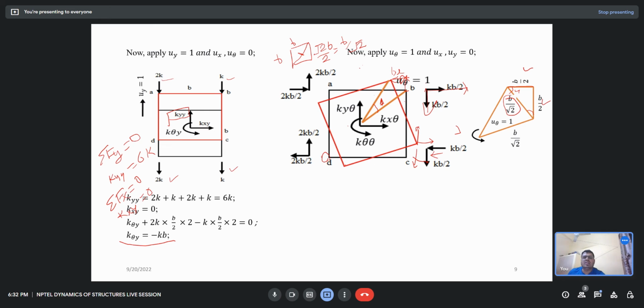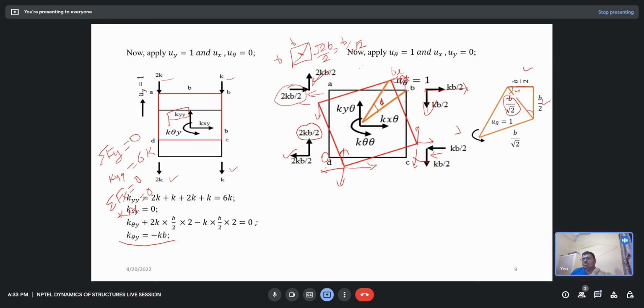Same for this corner, this corner is moving in this direction, so the force would be in the opposite direction, which is going downward, so my force would develop in the upward direction, that is this one. Same for this, this corner is going downward, so my force develops this way, and this corner is going this way, so my force develops this way.